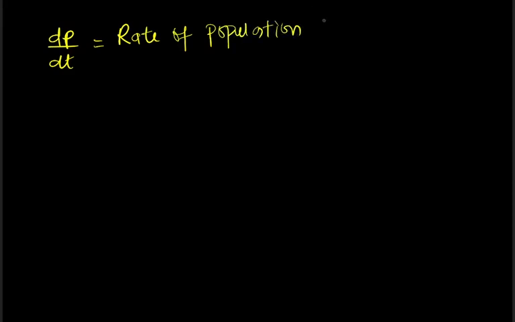And our dP over dt represents the rate of population growth in the country.